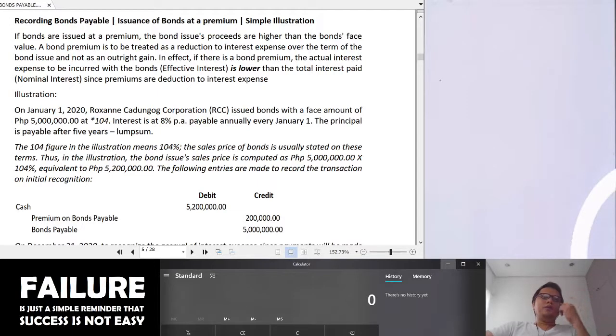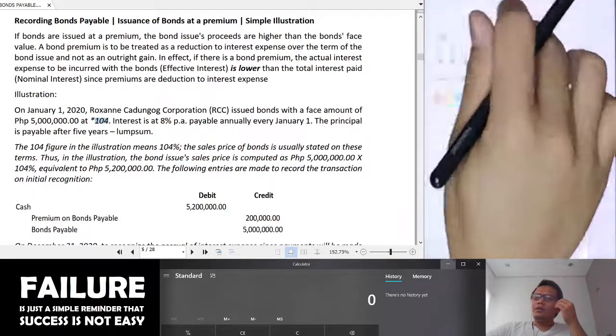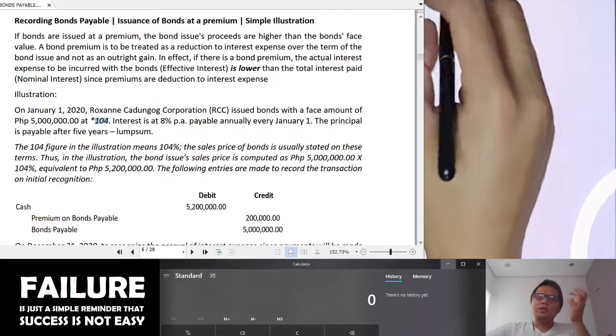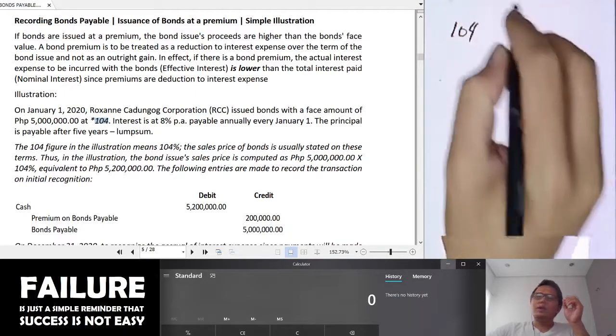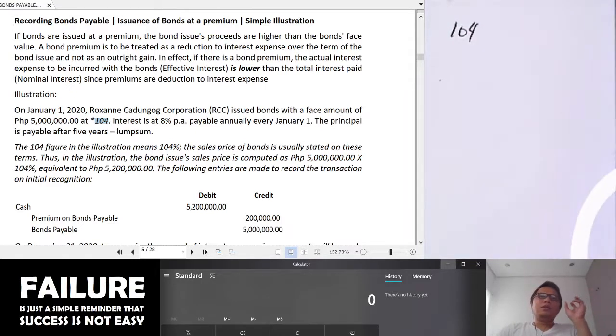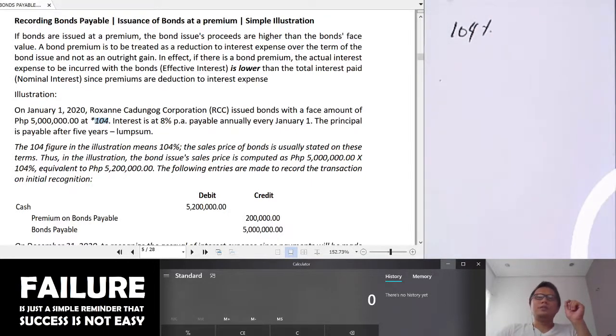On January 1, 2020, RCC Corporation issued a bond with a face amount of 5 million at 104. Based on our previous discussion, the issue price stated in every issuance of bonds is generally a whole figure, but we have to remember that this represents a percentage.